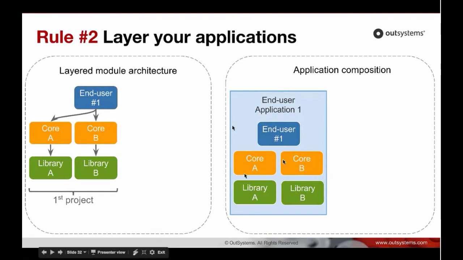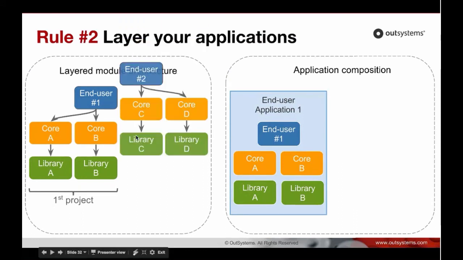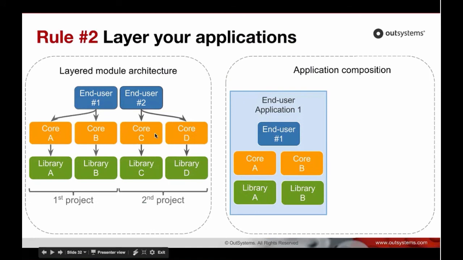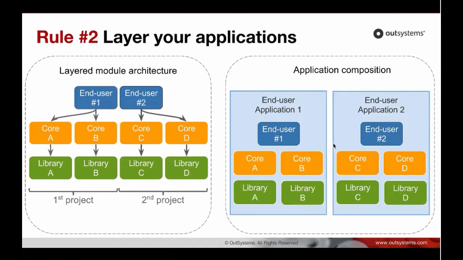And that's the first project you will deploy, right? You are not worried about creating different applications, just one. It's just a bag where you put everything of your project that can now be deployed together. If you have a second project with similar properties, you will end up having a second end user application.